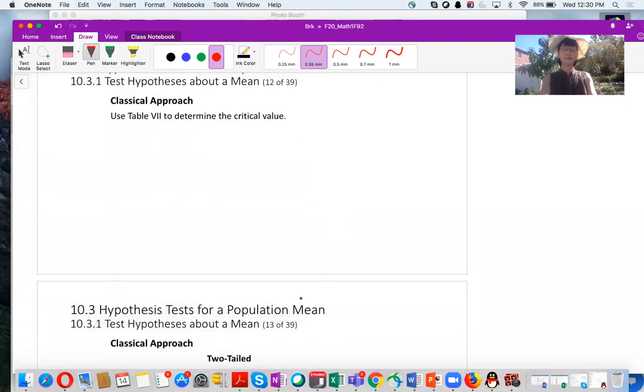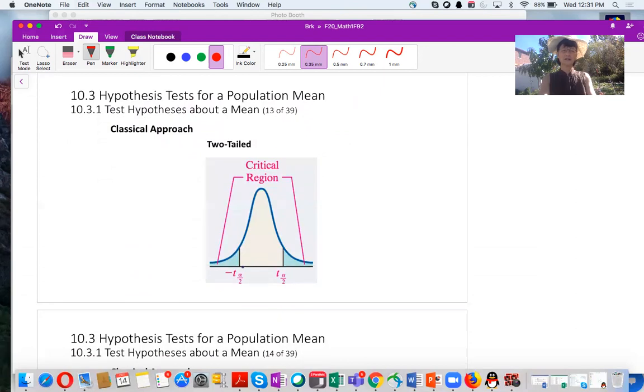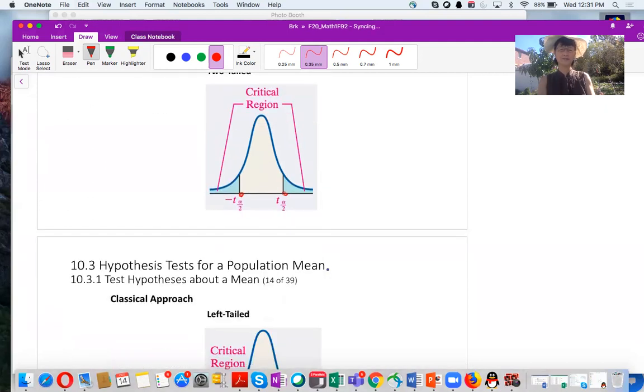Step 4, when you use the classical approach, we need to calculate the critical value. If it is a two-tailed test, those are the critical values. How do you know the critical value? You can find the critical value based on the T table or using Excel.